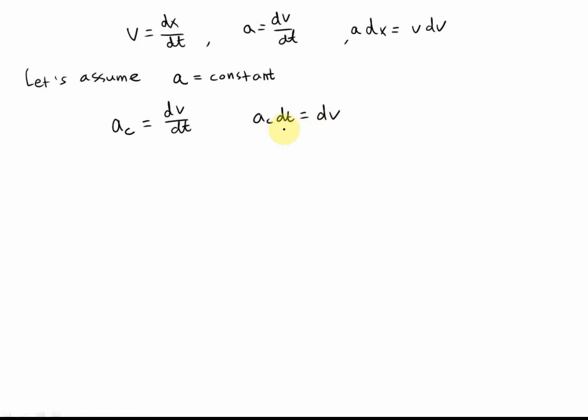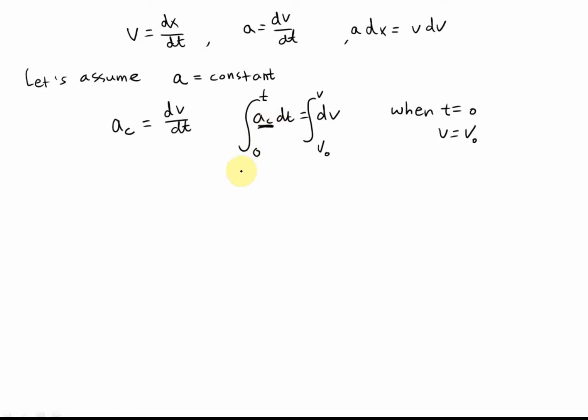From here, let's take integration. Let's just take integrations from time 0 to a certain time t, and when time is equal to 0, our initial velocity is v0. So this is v0 and some velocity v here.